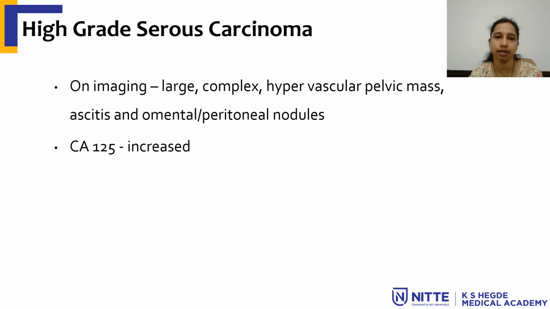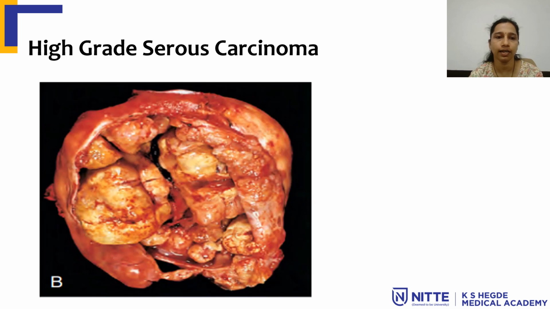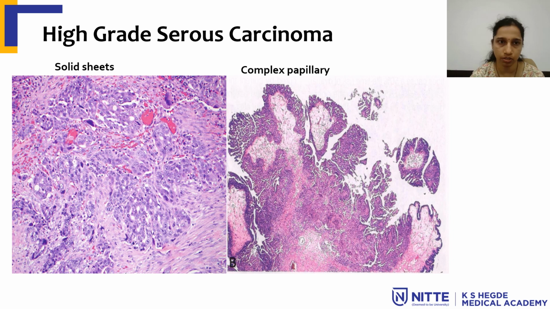On imaging, it is a large tumor having a complex hypervascular pelvic mass, and they can also present with ascites and omental deposits. And usually high-grade serous carcinomas are associated with elevated CA125, which is a serum tumor marker. On gross examination, they can be cystic or solid tumors, but on cut surface, it is a bulky solid tumor with areas of necrosis and hemorrhage.